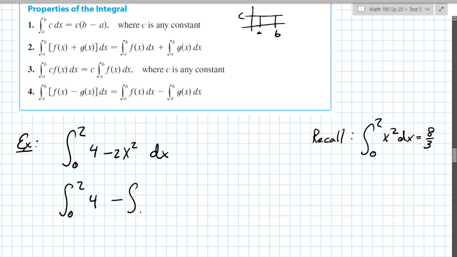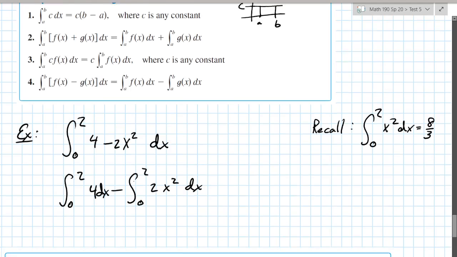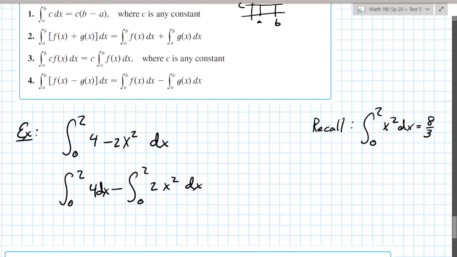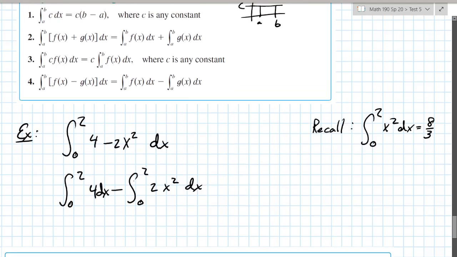Split it up into 2 integrals, like so. Then I'm going to use property number 3 to factor out that 2. So from 0 to 2 of 4 dx minus 2 times the integral from 0 to 2 of x squared dx.